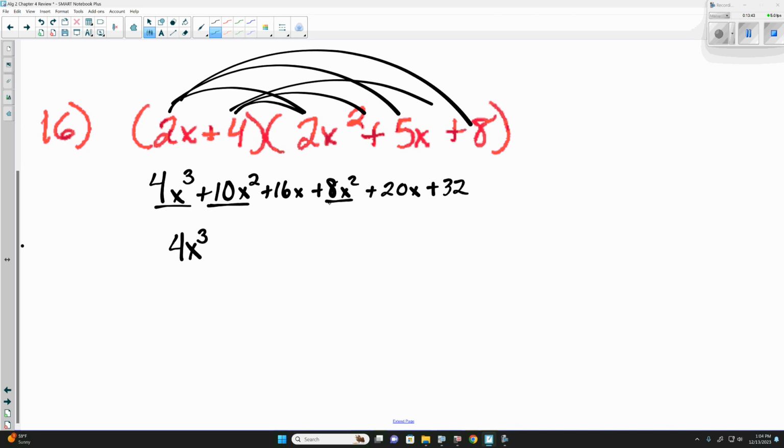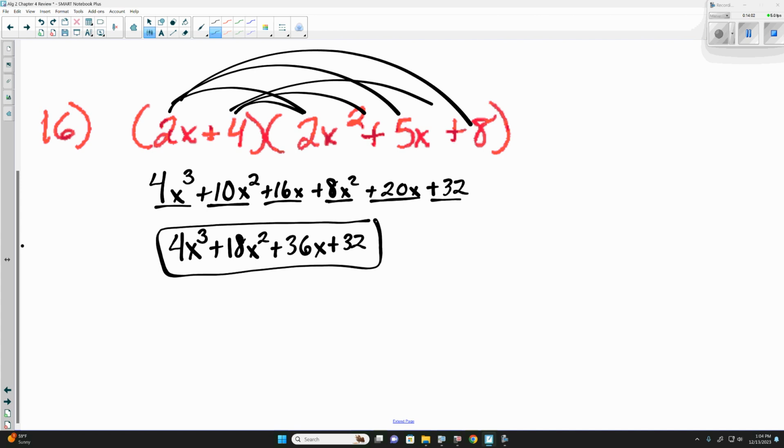But 10x squared and x squared are like terms. We'll add those together and get 18x squared. Our 16x and 20x are like terms, and if we add those two together, we get 36x. 32 doesn't have any like terms, so we add it on. So 4x cubed plus 18x squared plus 36x plus 32 is the final answer.